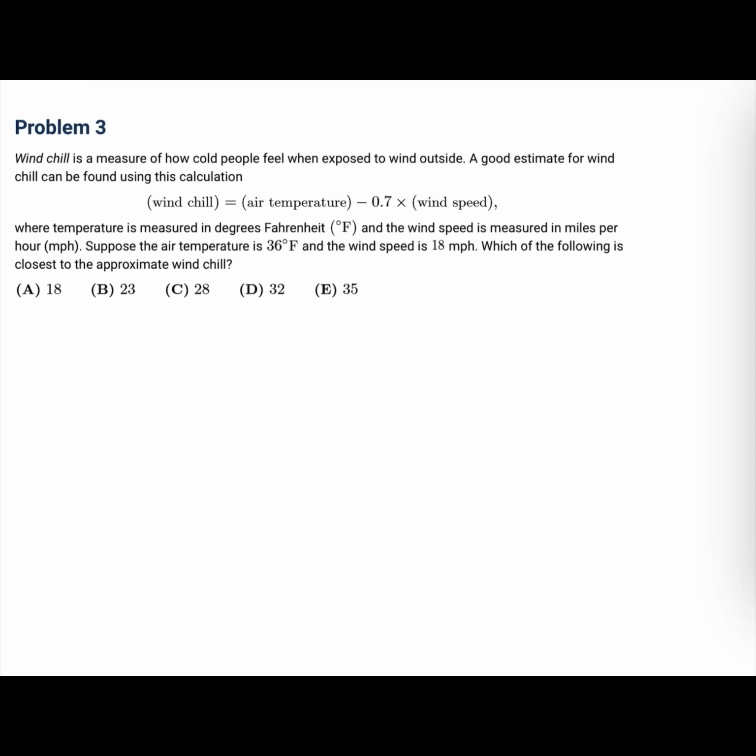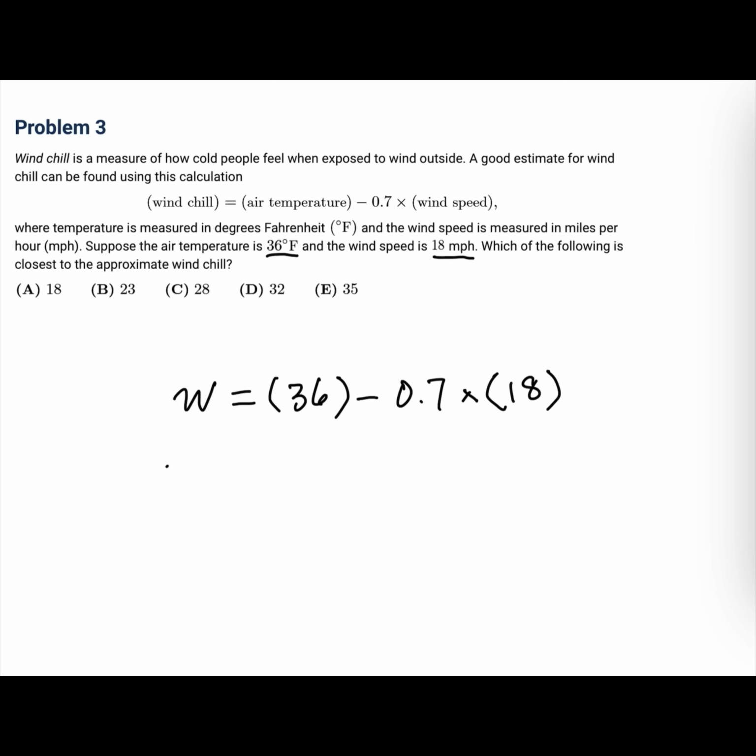So we see this formula where it gives us the wind chill is equal to air temperature minus 0.7 times the wind speed. And we see that the problem gives us the air temperature and the wind speed. So all we have to do is plug it into the formula, and then for wind chill, I'll set as W equals the air temperature, which is 36 degrees Fahrenheit, minus 0.7 times the wind speed, which is 18 miles per hour.